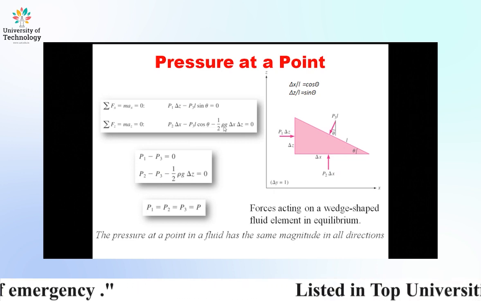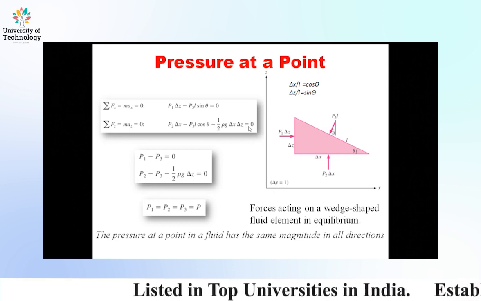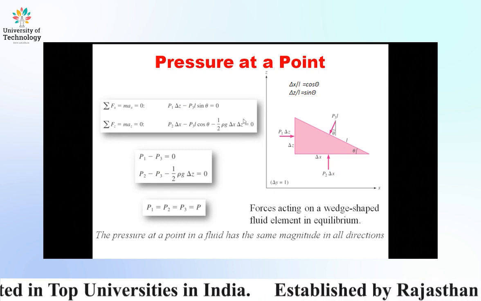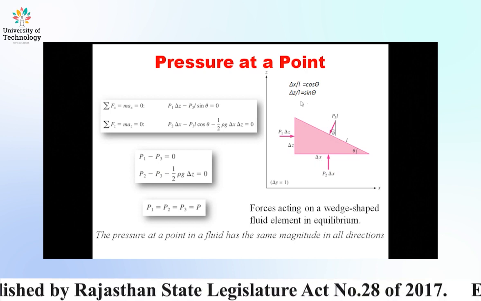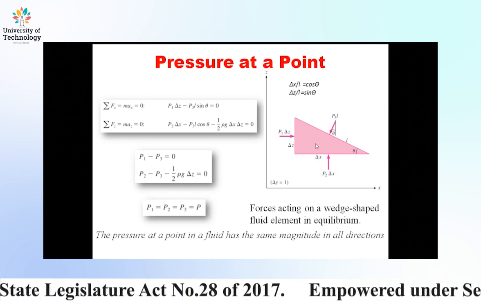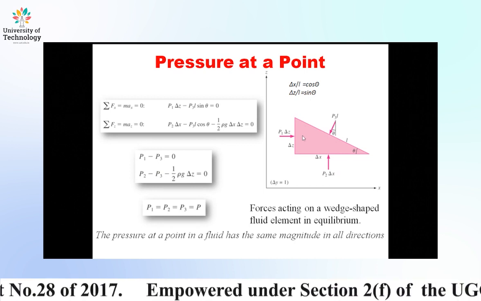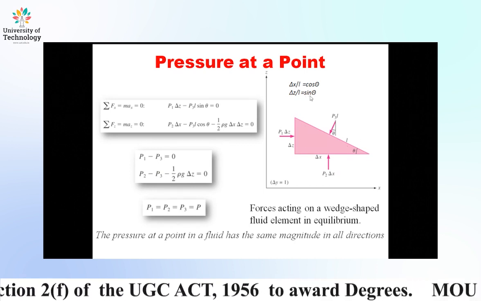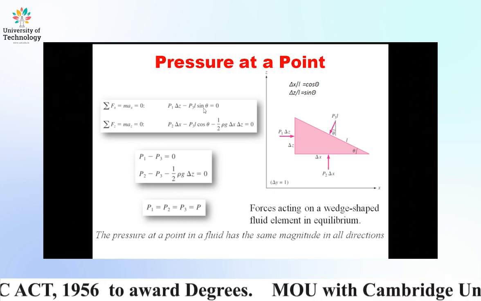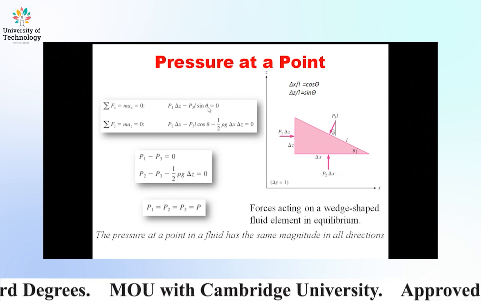Now look at this value L sin theta. This is the triangle delta x, delta z, L. Delta x upon L, base upon hypotenuse, is cos theta. Delta z upon L, perpendicular upon hypotenuse, is sin theta. So L sin theta equals delta z. Put in delta z, the equation is P1 minus P3 multiplied by delta z equals 0.